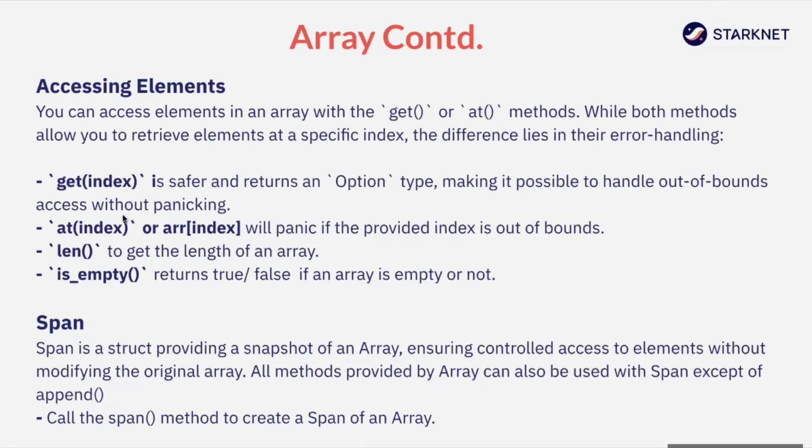Using get with the index is safer as it returns an option type, making it possible to handle out of bounds access without panicking. So when you're using the get method, if the element you're trying to access is not available, it returns none rather than panic. But if you're using at, it panics.